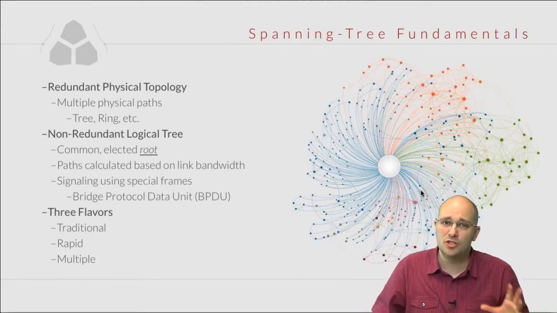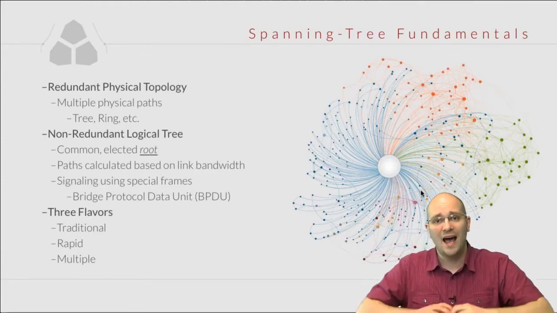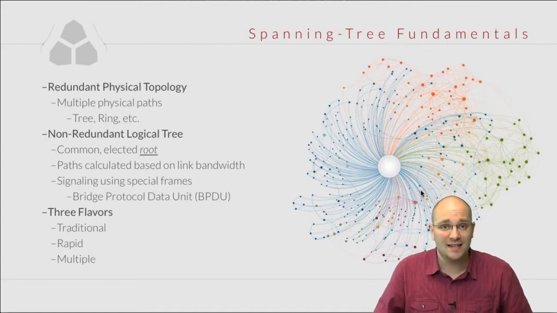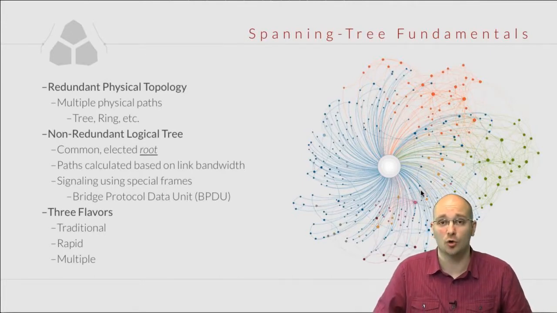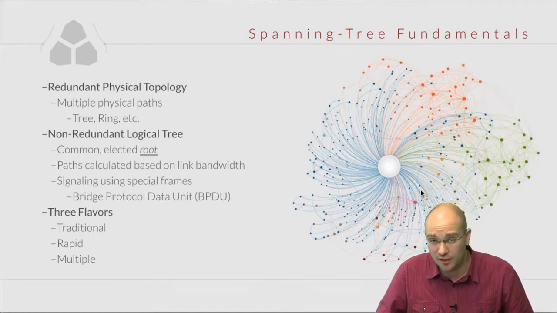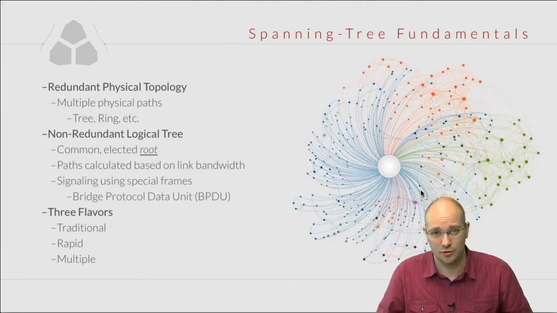Also, switches somehow need to communicate who is the root, who wants to be the root, and how this election of the root is going to happen, and this is done using special frames called bridge protocol data units, or commonly called BPDUs. Spanning tree, generally speaking, comes in three flavors, and I'm going to talk about all three of them. They are traditional spanning tree, rapid spanning tree, and multiple spanning tree.